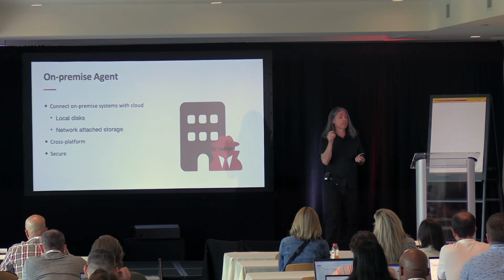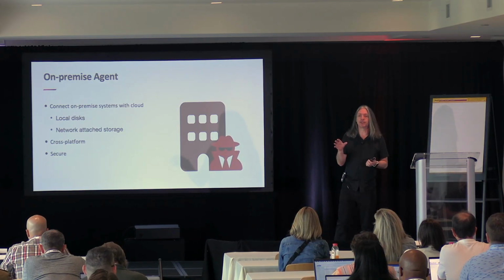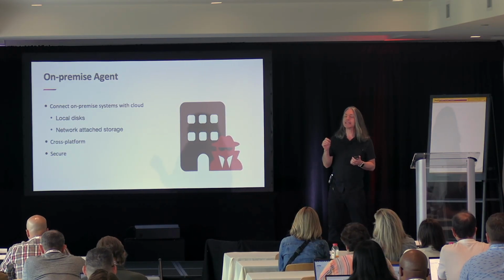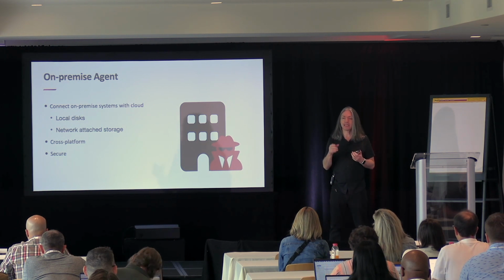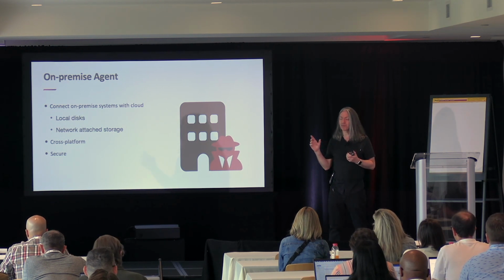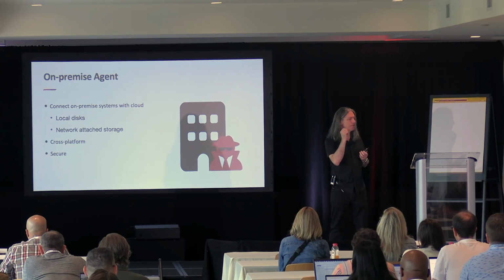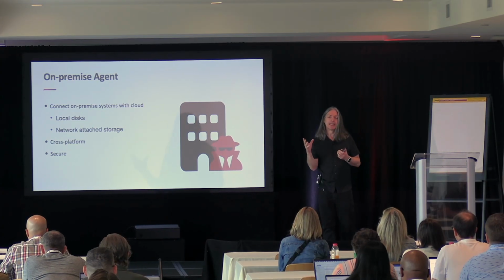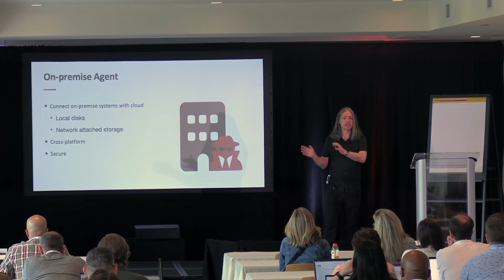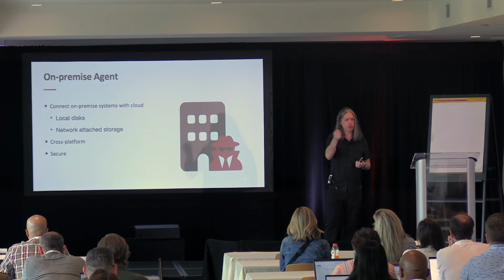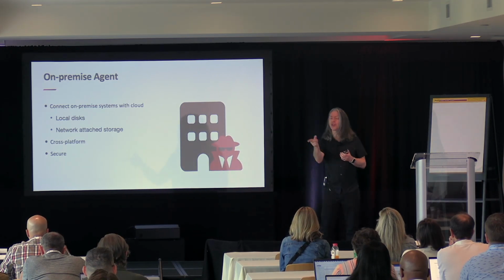Oh, and by the way, we also have customers using the agent in interesting ways. I've already mentioned the one on-premise system for collecting data, but we have a customer that has properties, I want to say it's 140 properties around the US. And they have Windows servers sitting under desks at these properties for doing things like access control of people who keycard in and out of the premises, those kinds of things, and timesheets.